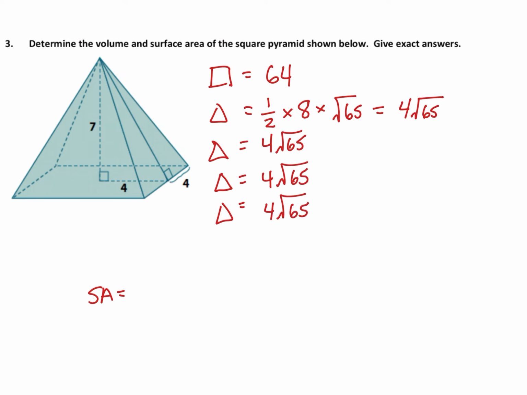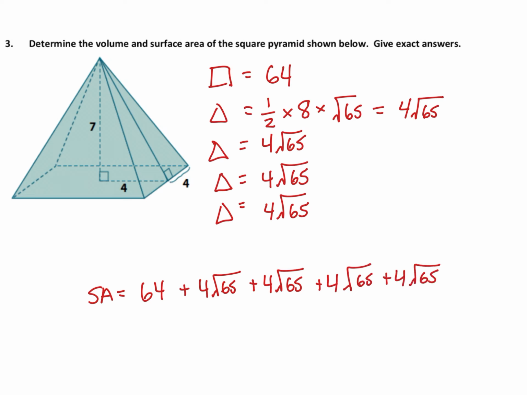And we have 4 of those triangles. We then have 4, 8, 12, 16 of the square root 65s.